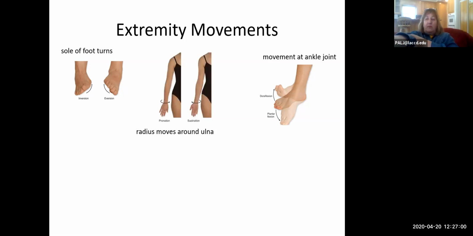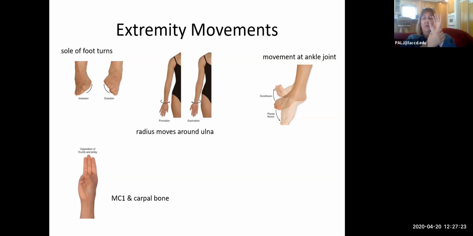In the forearm, this is the only place where we have the radius moving around the ulna, where we have pronation, and if you're in anatomical position, you are automatically in supination because the two bones are parallel to each other. And a movement which only applies to the thumb is that the metacarpal of the thumb can actually move the thumb so it can meet up with the other digits.